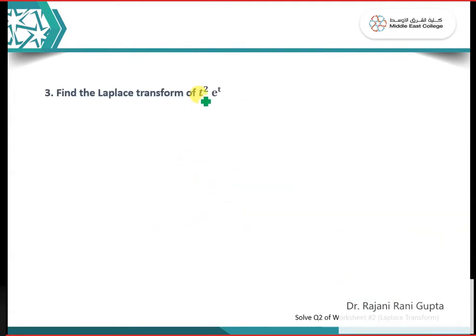So in this question you have multiplication of t power 2 with e power t. So you can solve this question in two ways. You can answer it by using shifting property, or you can answer it by using the rule that we studied just now, multiplication by t power n.